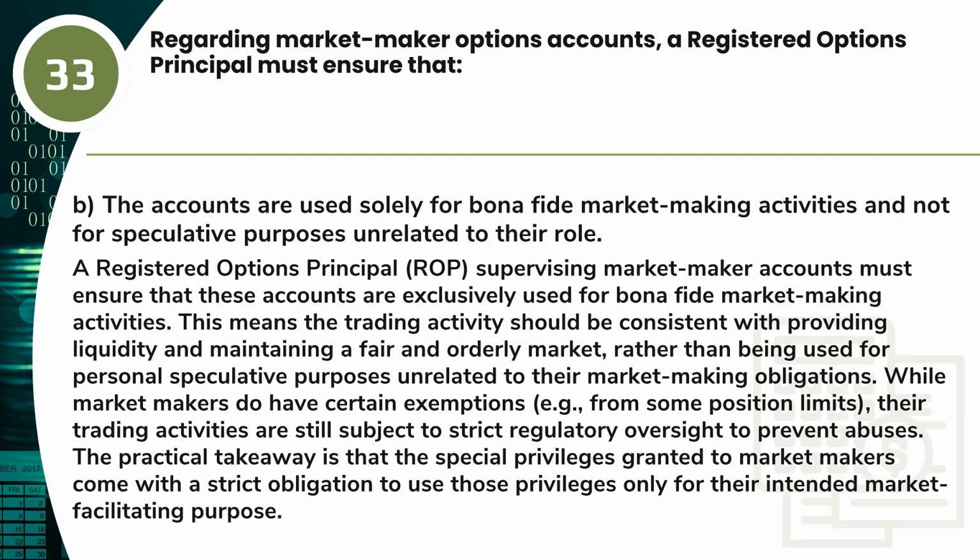While market makers do have certain exemptions, e.g. from some position limits, their trading activities are still subject to strict regulatory oversight to prevent abuses. The practical takeaway is that the special privileges granted to market makers come with a strict obligation to use those privileges only for their intended market facilitating purpose.